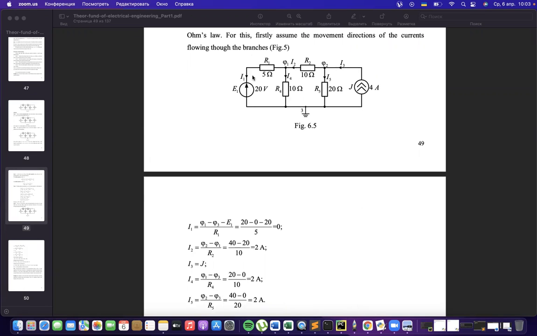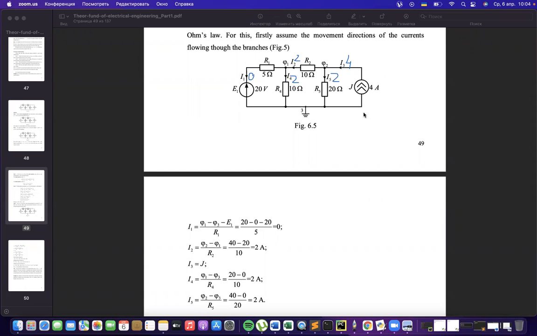Current first equals 0, current second equals 2, current third equals 4 as the value of the source, here is 2, here is 2.